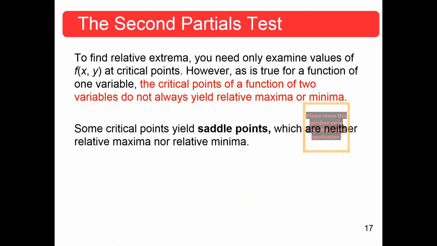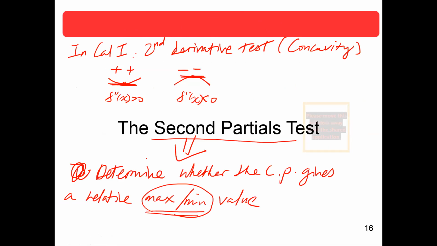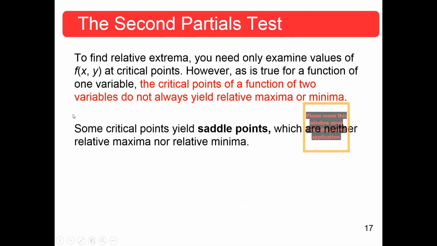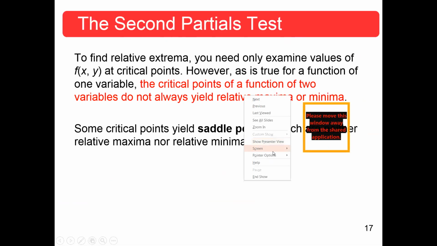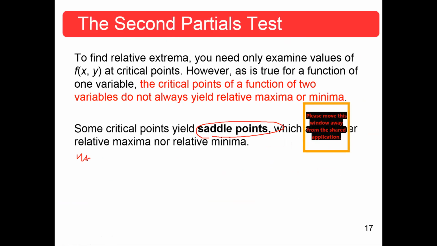Okay, so the second partials test not only tells you whether it gives you a relative max or min. When we have a function of two variables, we actually have another concept, the so-called saddle point. A saddle point is one that provides you neither max nor min.